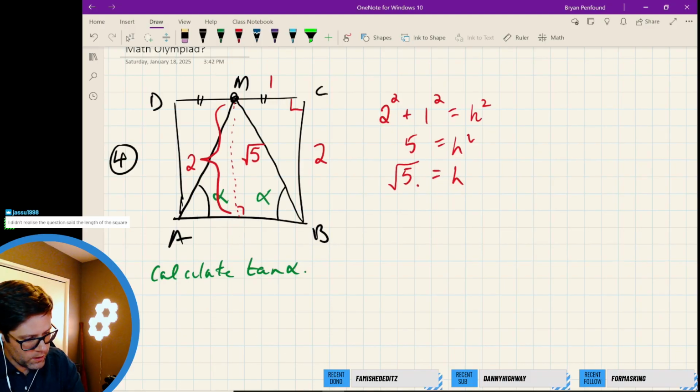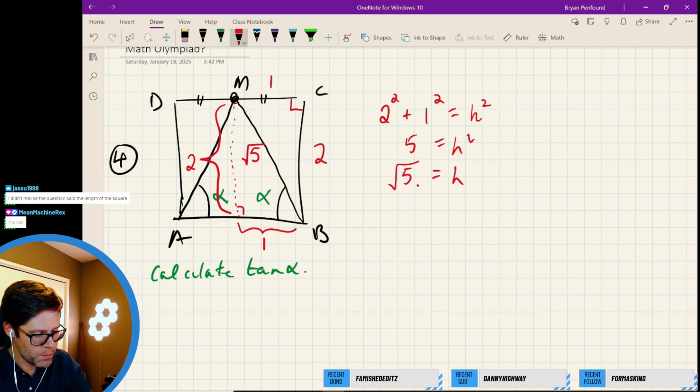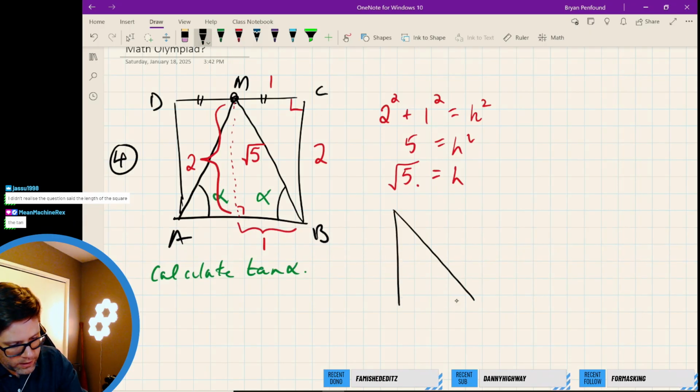Sweet, so that should give us all the info that we need to work inside this triangle where we know alpha exists. So this is going to be 1, right? It should be the same length as what we have up top. So we're really working with a triangle that looks kind of like this. Here's our alpha. We have 1, 2, root 5.